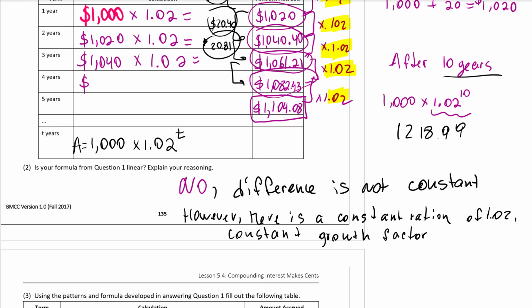That means we're multiplying by the same number over and over again. And when we have such a property, a constant rate of growth, we call such a model an exponential. In this class, we're going to be dealing with only two models, linear and exponential. So this is the first lesson on the exponential model. That model is exponential.